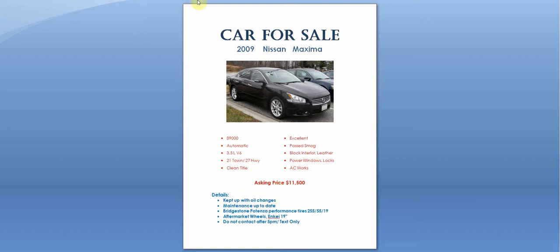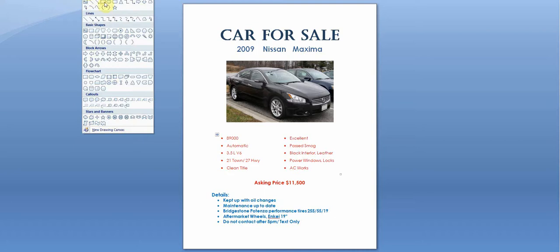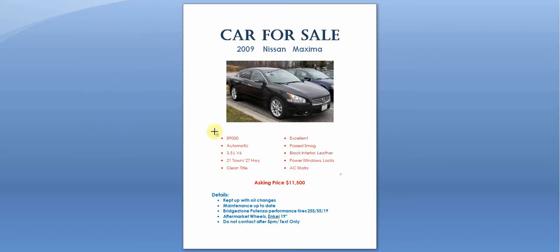I think I can show you guys how to add the box, but it's pretty simple. All you really need to do is go to insert shapes, recently used shapes, and it's a rounded rectangle.